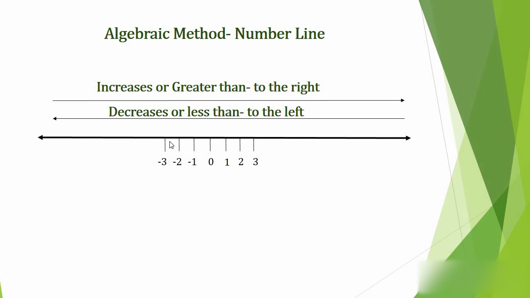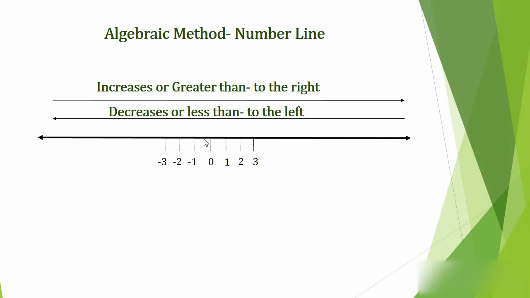And also from -3, it increases to -2, to -1, and 0. Then as we move to the left side, it decreases. From 3, it reduces to 2, from 2 decreases to 1, 1 decreases to 0, 0 decreases to -1, and goes on like that to infinity. So this is what the typical number line looks like.